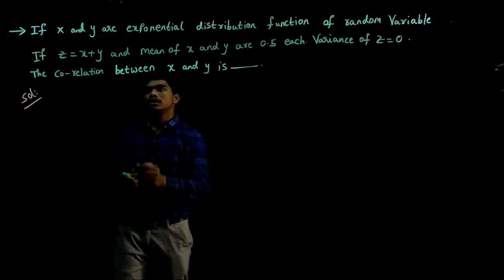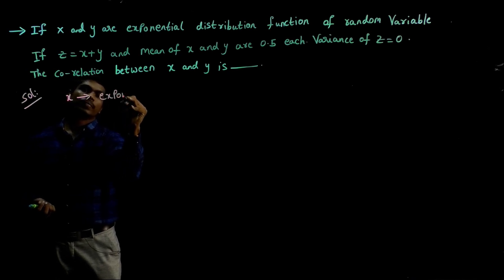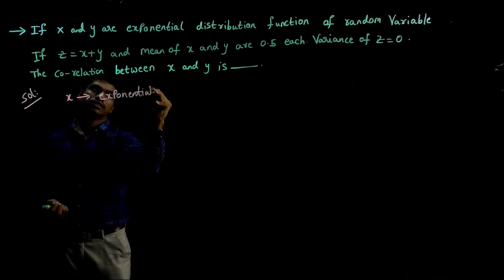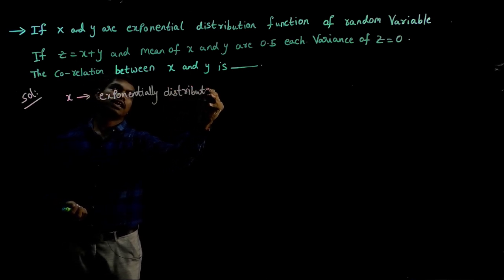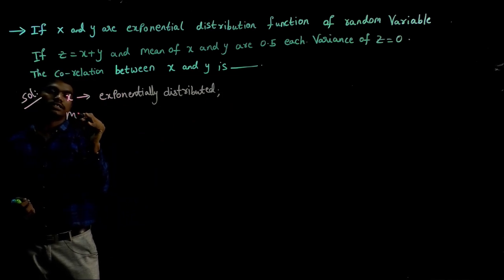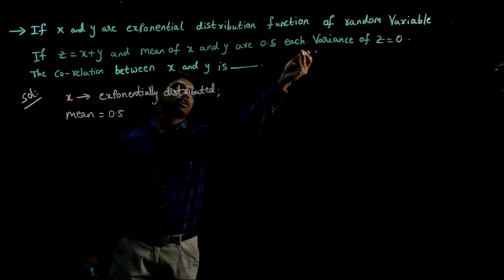So x is exponentially distributed with mean, what's the mean given? Mean is equal to 0.5, because it was stated with a mean of 0.5 each.